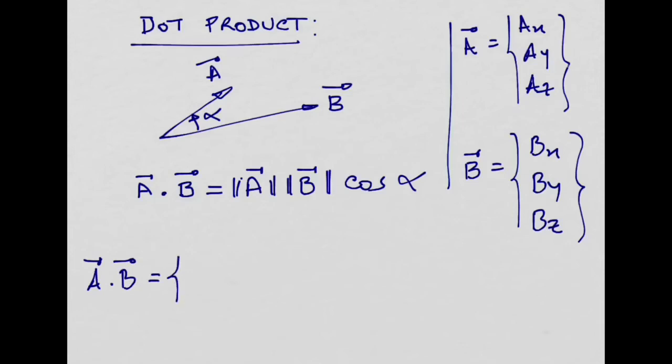I can write the transpose of vector A, AX, AY, AZ, and then do the dot product with vector B, BX, BY, BZ.